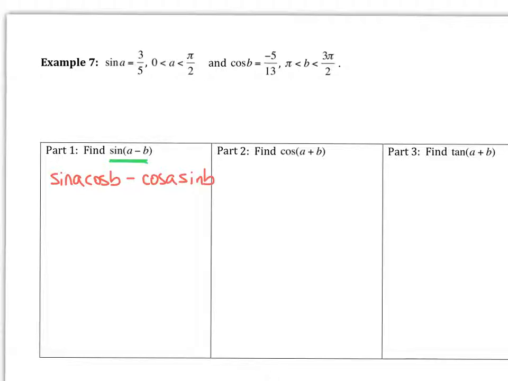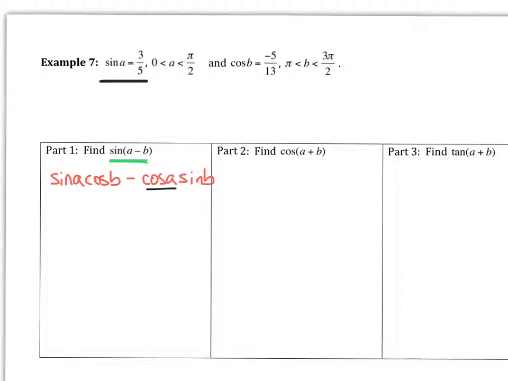So to answer your question, they gave us what sine of A was. Did they tell us what cosine of A was? Okay, so if sine of A is in the first quadrant, is cosine of A going to be in the first quadrant? Yeah. Okay, so that's important to know, okay?